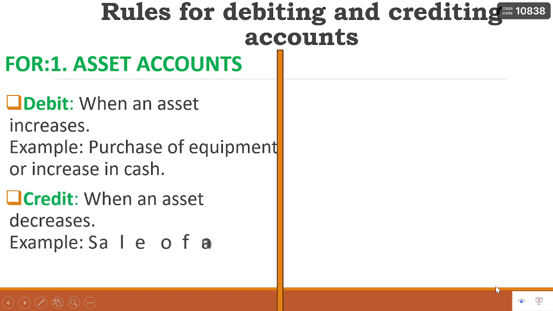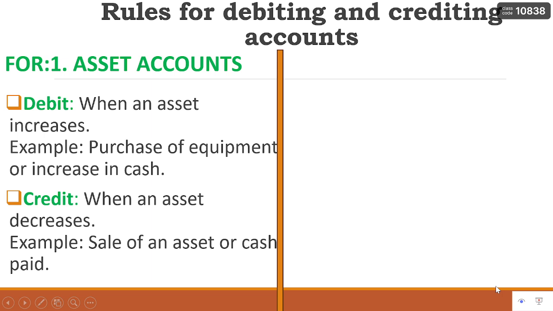You credit when an asset is decreasing, and this rule is universal. You debit an asset when it is increasing, and you credit an asset when it is decreasing. I will give you an example: a sale or disposal of a fixed asset or any asset, or a cash payment.